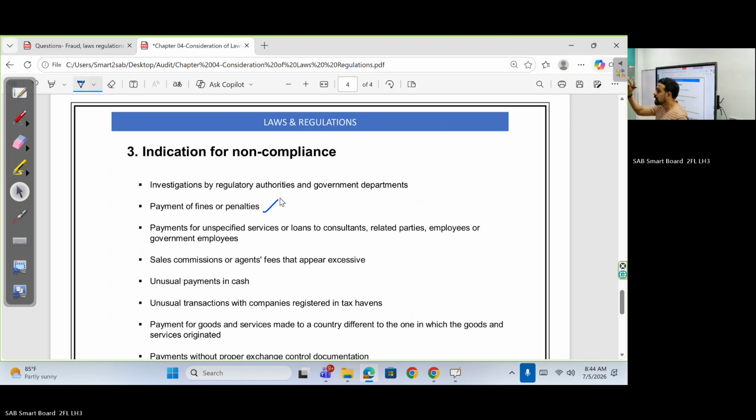Let's say payment vouchers are there, but no external document, and in the payment voucher also, specific reasons have not been mentioned.